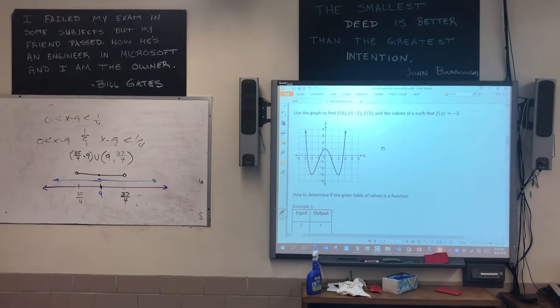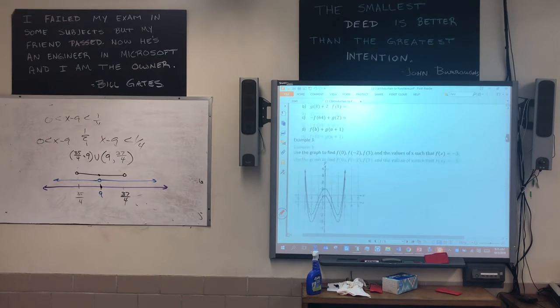Okay? Now when we look at this, what I want you guys to recognize is, when we look at the definition of a function, when we start doing the notation, I don't know if I still have it up here. No, we'll leave it out.